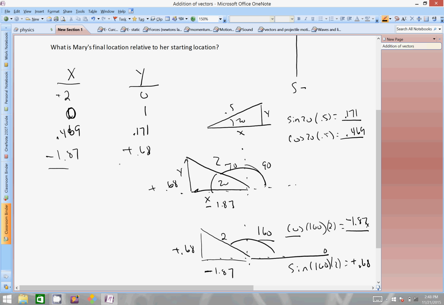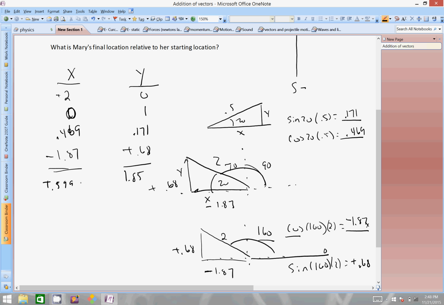All right, and you add up these components. The y component will be 1.85 up, and this is going to be a positive 0.599.